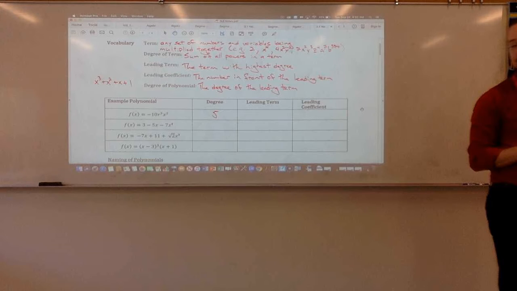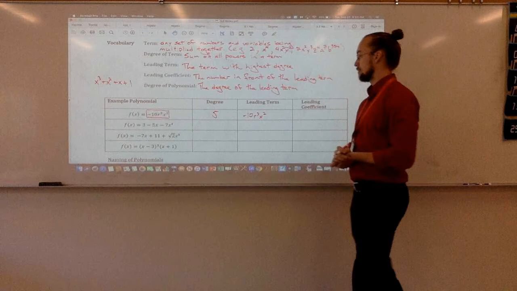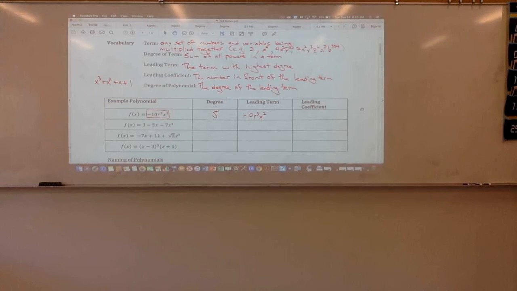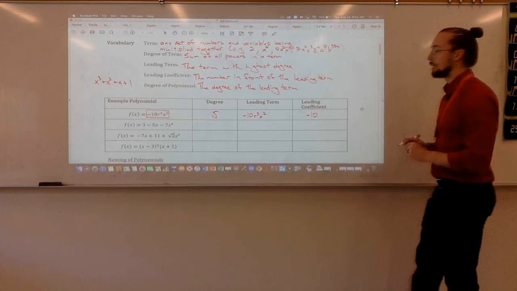Negative 10 r cubed x squared. That's all one term. So my leading term is this whole thing, negative 10 r cubed x squared. What's the leading coefficient then? This negative 10, right? The number associated with the leading term.